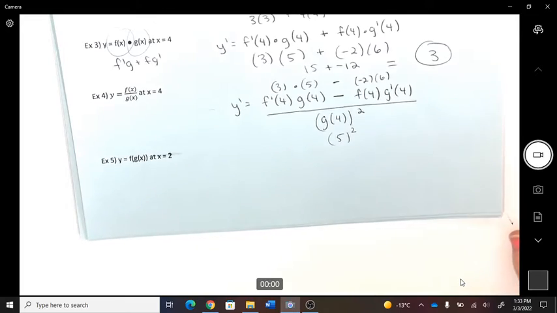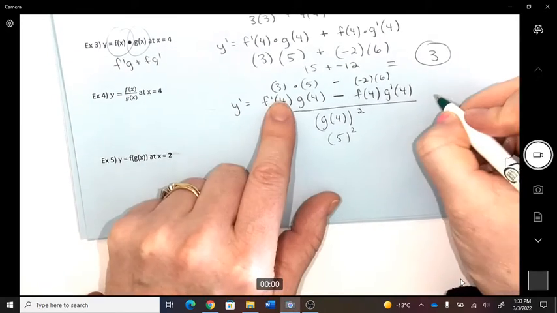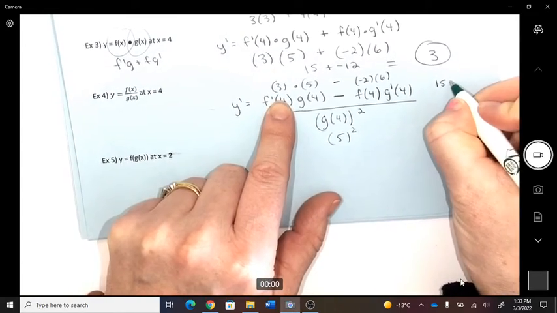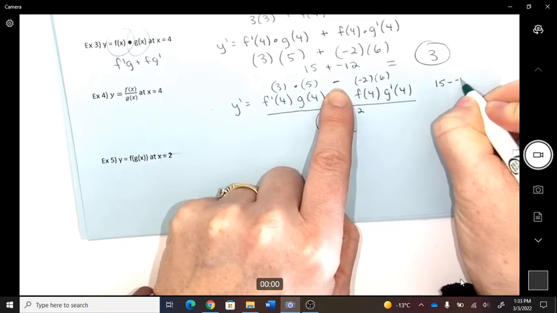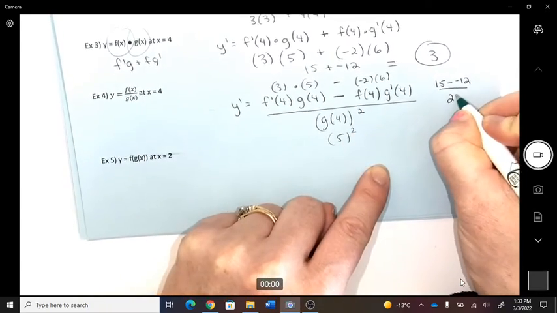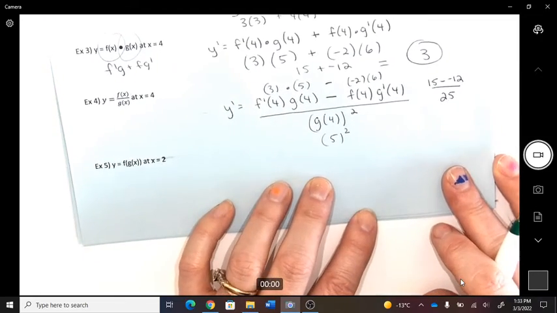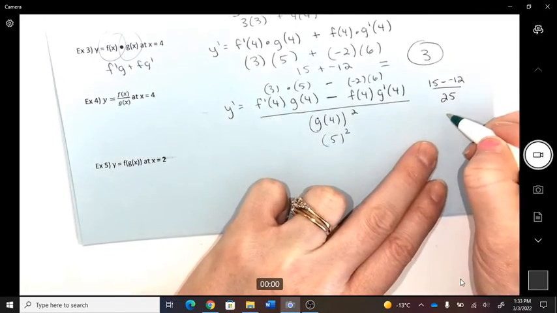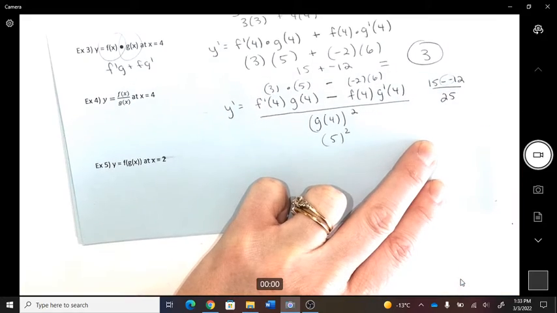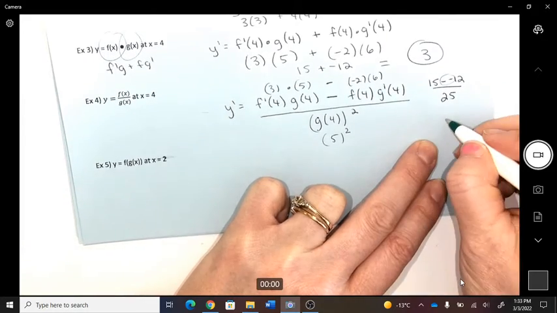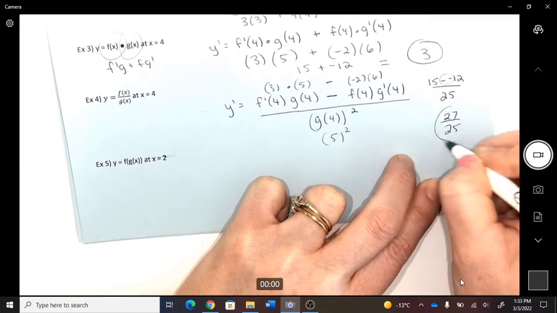Okay, so what do we get here? We have a 15 subtract a -12 over 25. We're going to add that though, right? Because it's negative. So 27 over 25 is your answer.